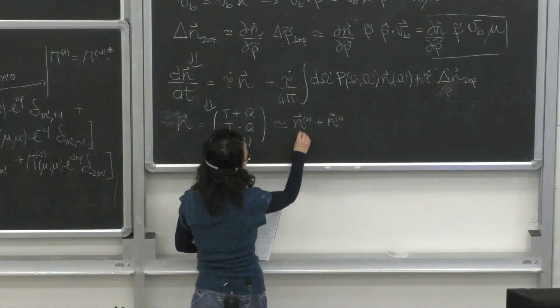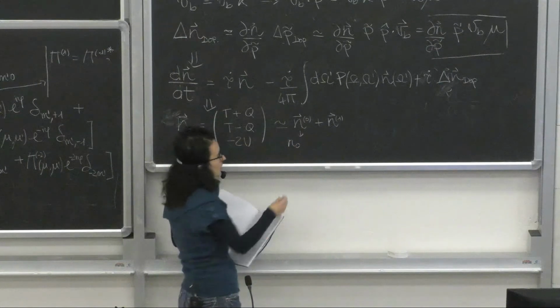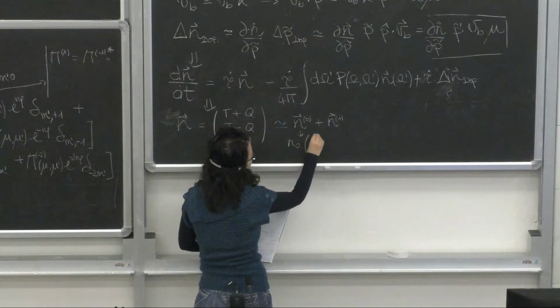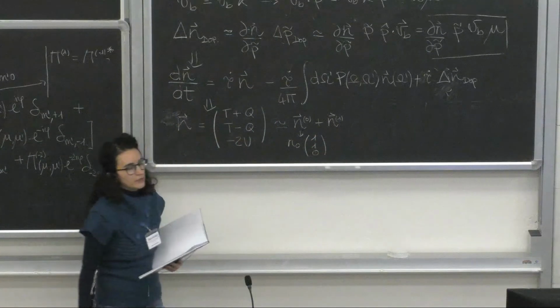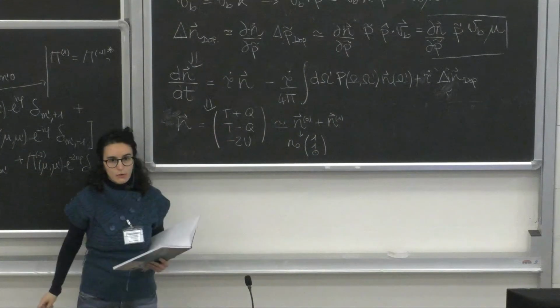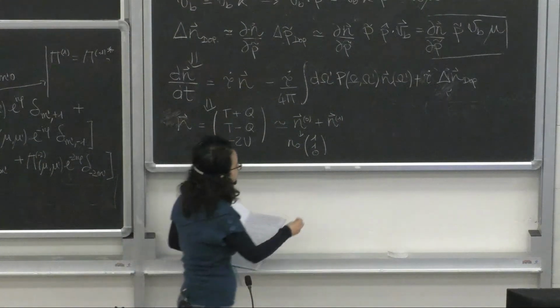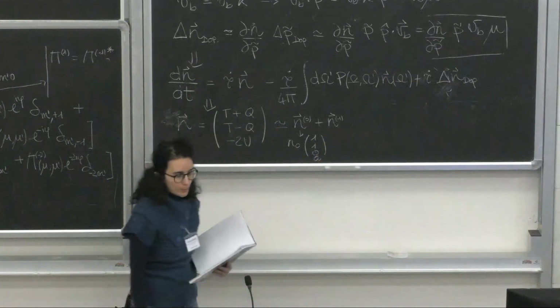So this N0 can be written as a coefficient which multiplies a simple vector which is 1, 1, and 0. And let's call this vector U.